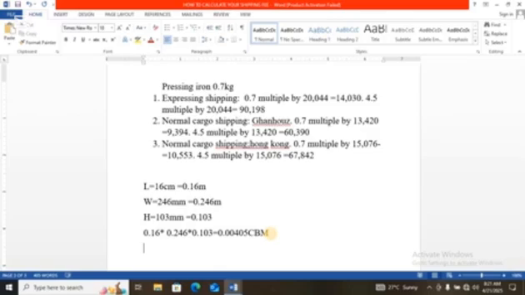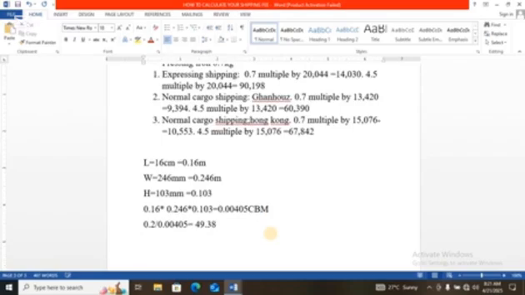So what is the need? So what you are going to do now is, how many pressing iron will fit 0.2? So you are going to do 0.2, you divide it by 0.00405, then you are going to get 49.38.